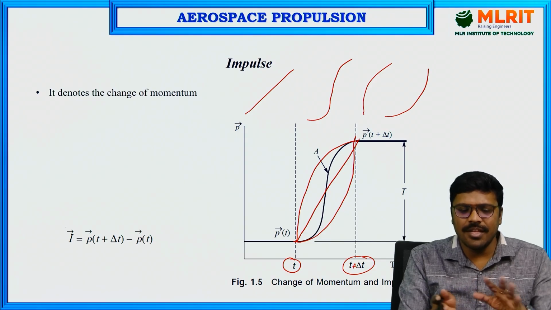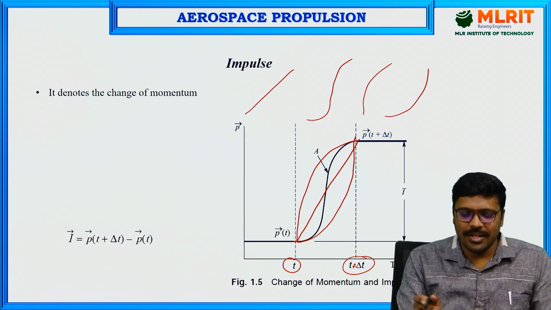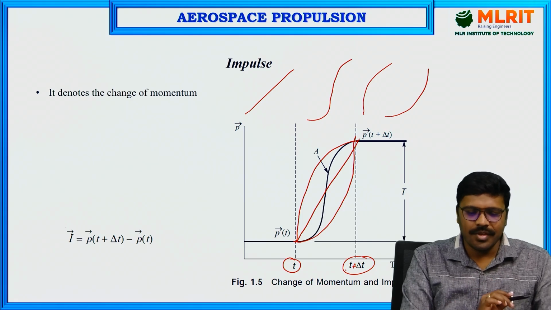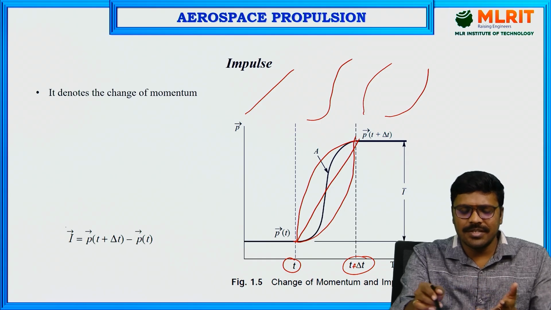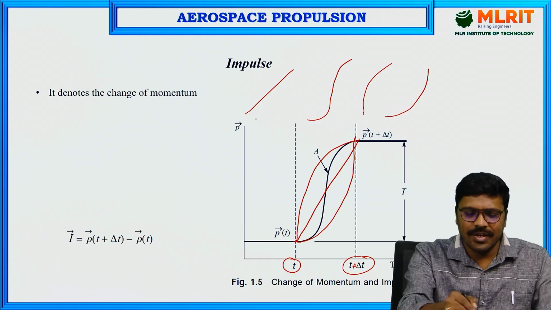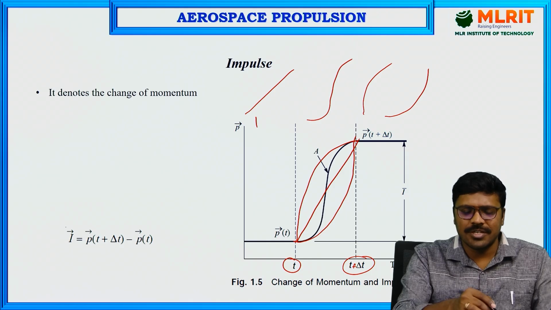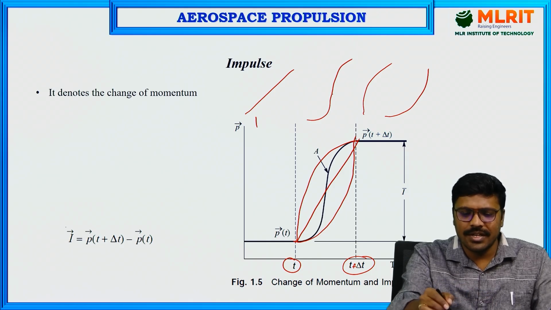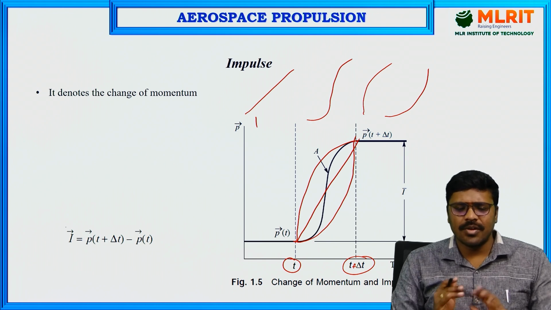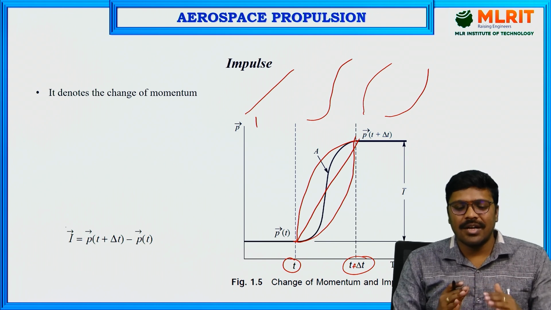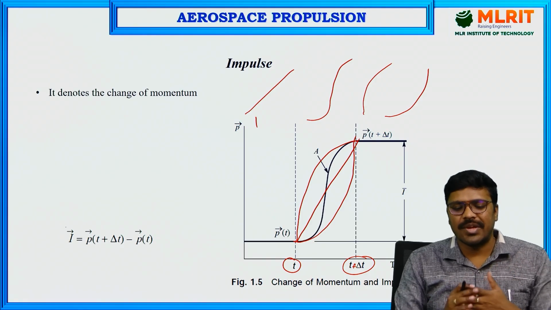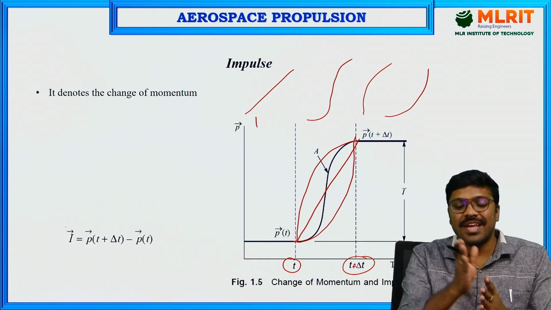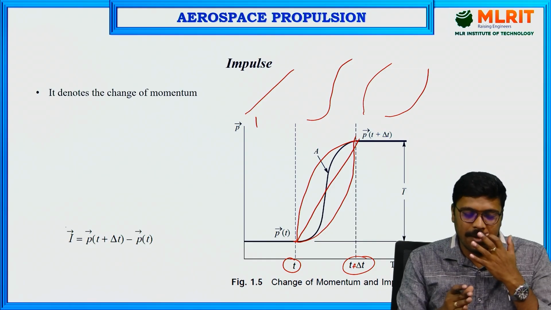Impulse just gives the change in momentum from one time to another. Here the momentum is changing linearly, while here it is changing like a sinusoidal wave, a convex curve or a concave curve. But impulse does not explain the manner in which the momentum is changing. So we need another parameter to explain how the momentum is varying.